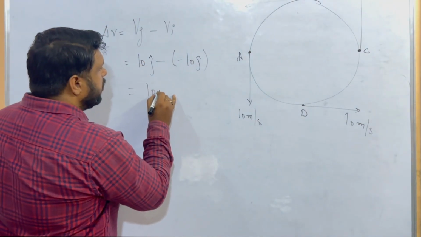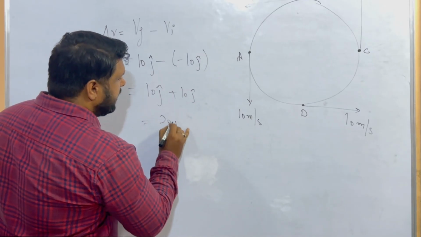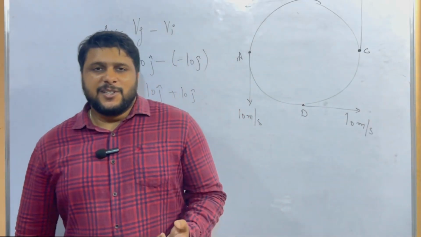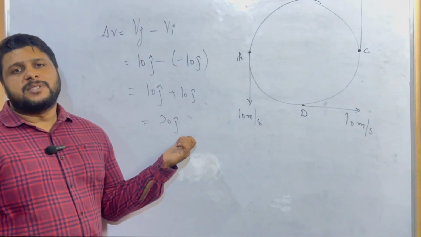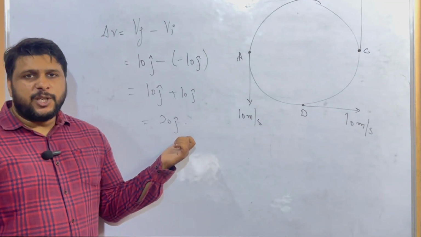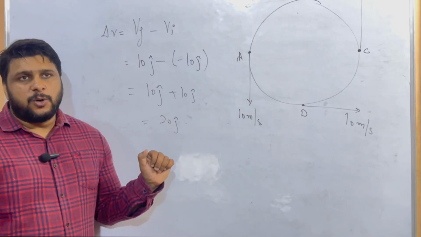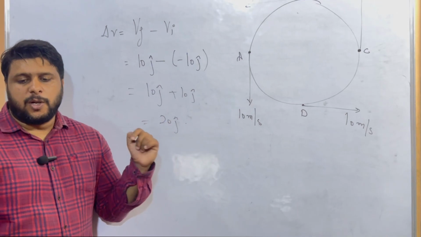So it is equal to 10j plus 10j, 20j. Did it become 0? No, so this is an accelerated motion. If it had become 0, meaning change in velocity is 0, then we would say that it is a non-accelerated motion. It should cancel out. So here directions play a very important role.